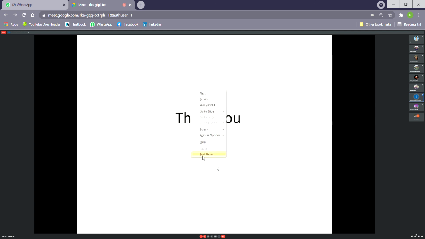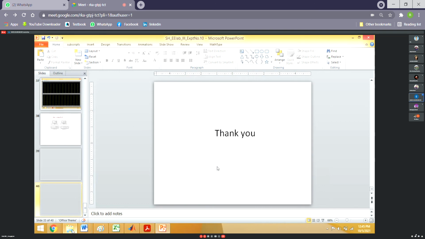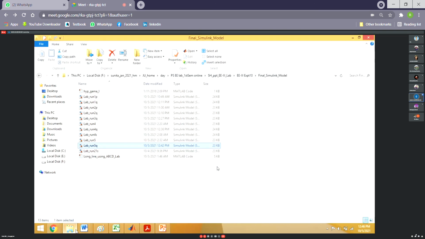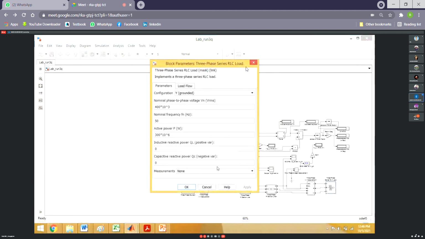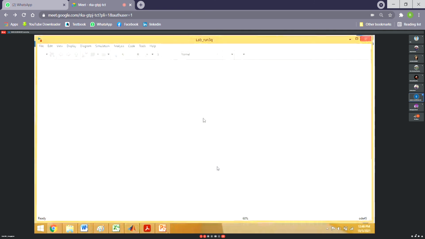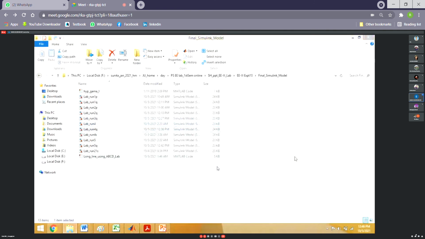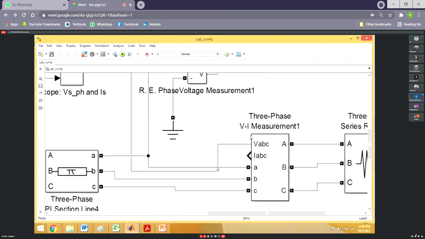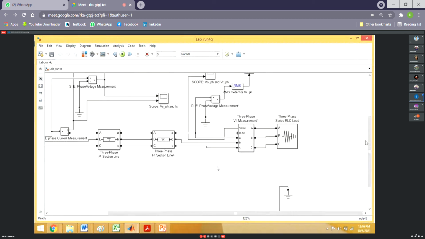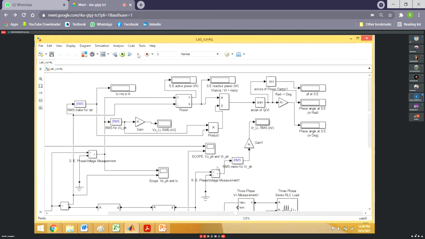One more thing I must show you. We have seen the run for the 800 megawatt; that is run 4, heavy loading condition. Now, this is just for explanation, nothing more than that.